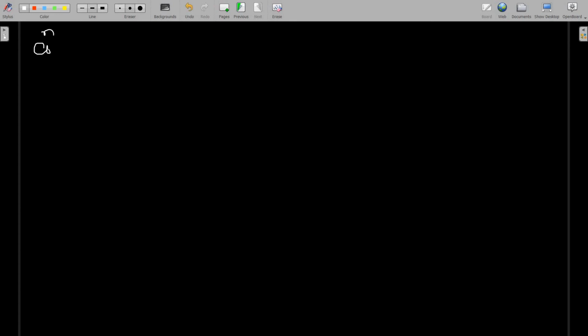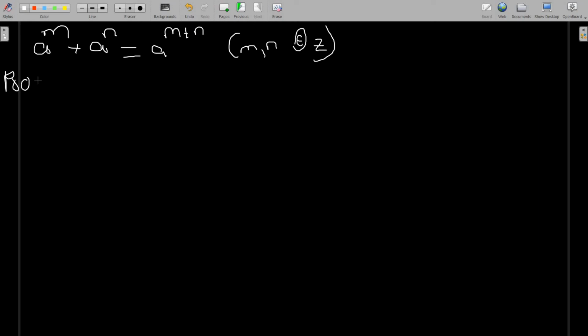A power m into a power n equals a power m plus n, and here m and n belong to the integers. We are going to prove this, and see how this property came.